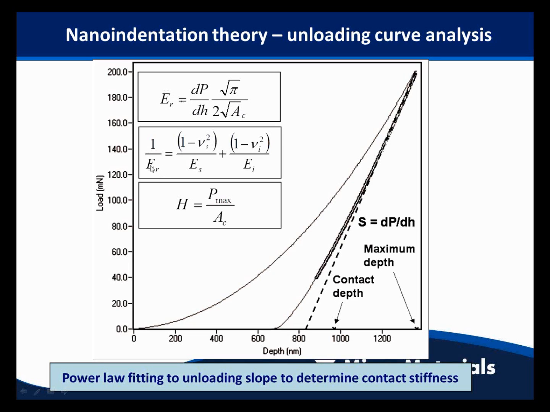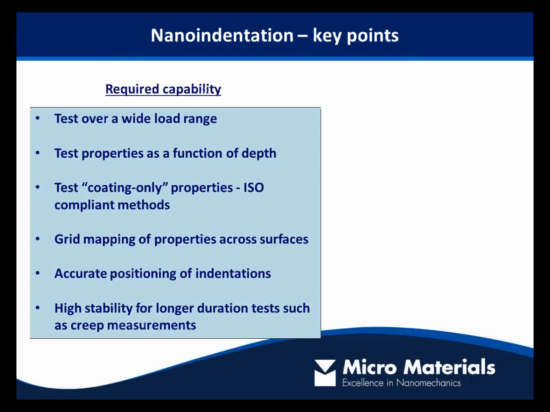Once we have this reduced modulus, if we know the Poisson's ratio of the indenter and the sample and the elastic properties of the indenter, it's trivial to determine the elastic or Young's modulus of the sample in question. And with this projected contact area, and since we know the peak load, we can then derive the hardness or the mean pressure in the indentation contact.